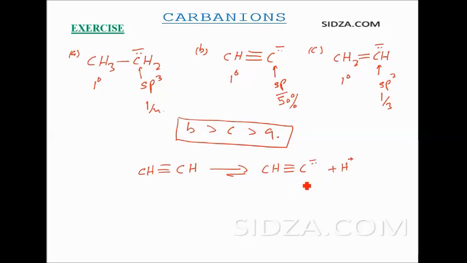This is the conjugate base. This conjugate base is more stable than any other conjugate base from the alkenes or the alkanes because of the more s character. It has 50% s character, and we know that more s character means a more stable carbanion. So that's why this is more stable.